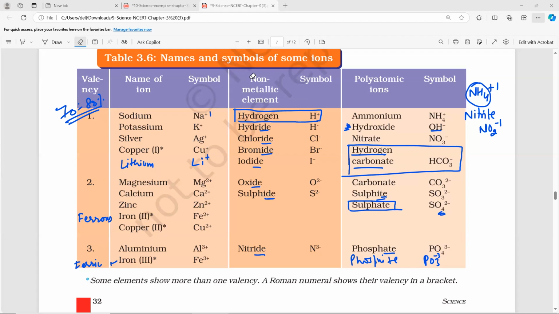Done? Yes, Sarah, memorized? Aram memorized? Aran memorized? Bharti, can I ask you now? Sarah, you memorized this column? Yes, sir. Okay.